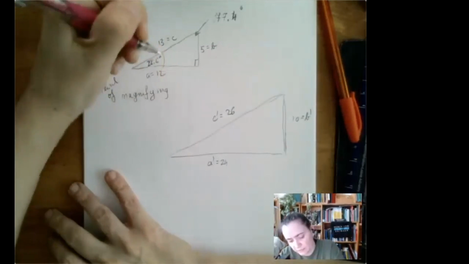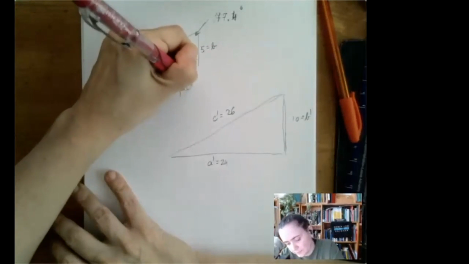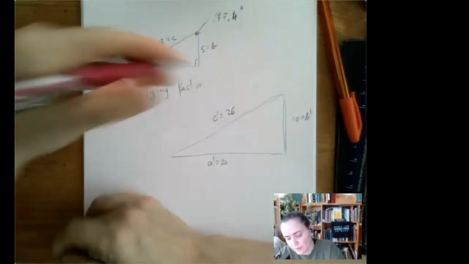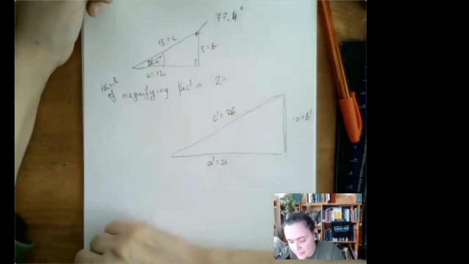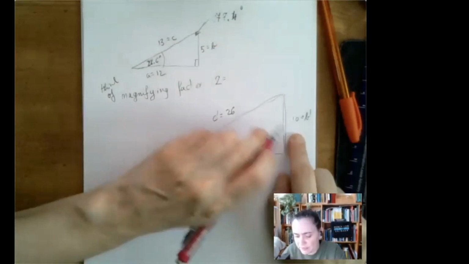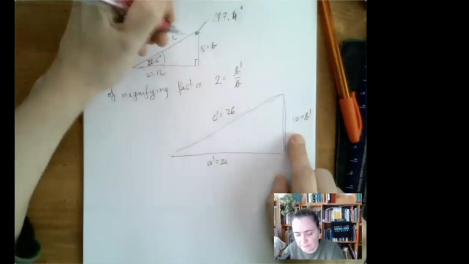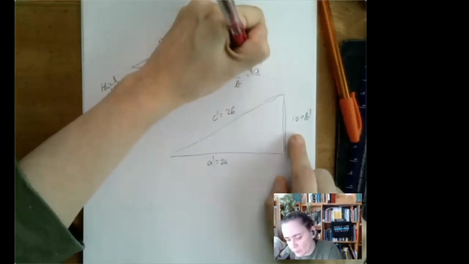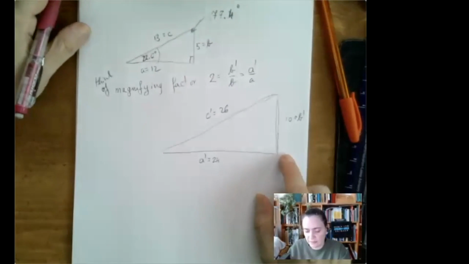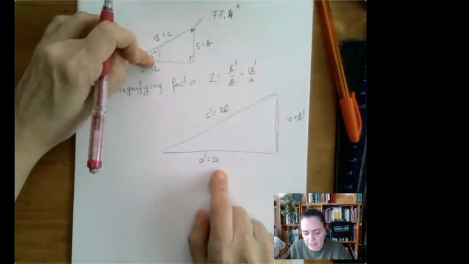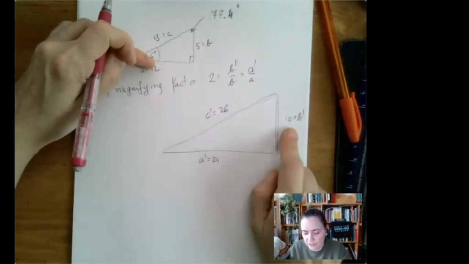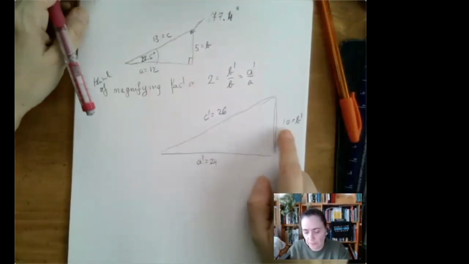That would be the ratio between 10 and 5, so B prime over B and A prime over A. Right? 24 over 12, that's a 2. 10 over 5, that's a 2.